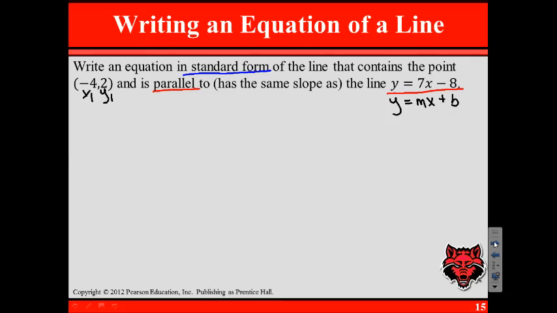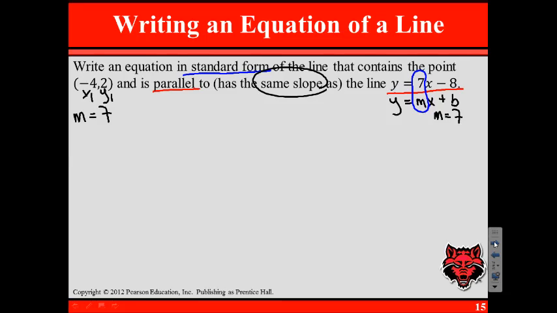And we see rather quickly that it is. Y is solved for by itself on the left-hand side. And when that's the case, we can compare the number in front of x to m. So in this case, m equals 7. So the original slope is 7. Because we want our equation to be parallel, we're going to use the same slope. So our slope will be 7.